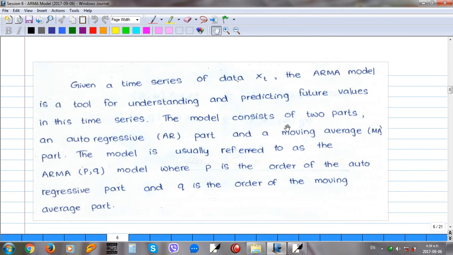The model consists of two parts, an autoregressive AR part and a moving average MA part. The model is usually referred to as the ARMA(p,q) model, where p is the order of the autoregressive part and q is the order of the moving average part.